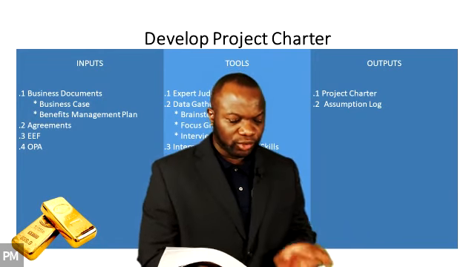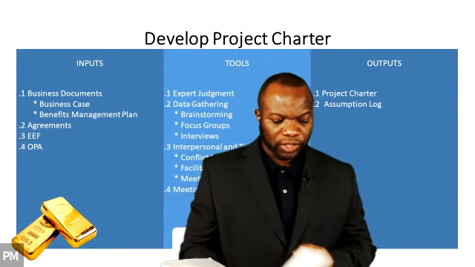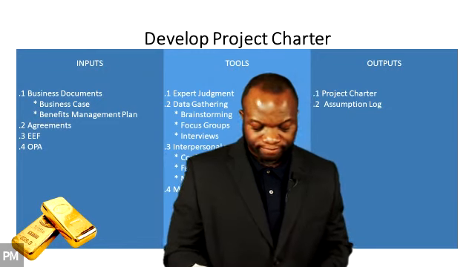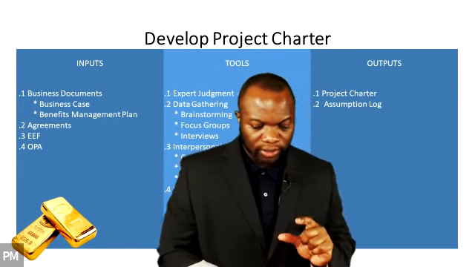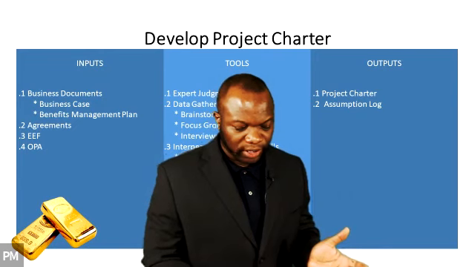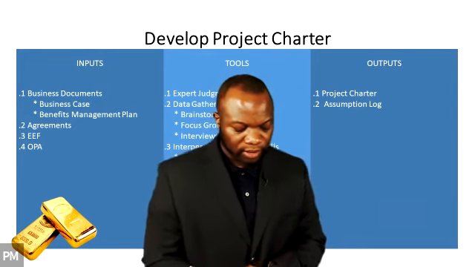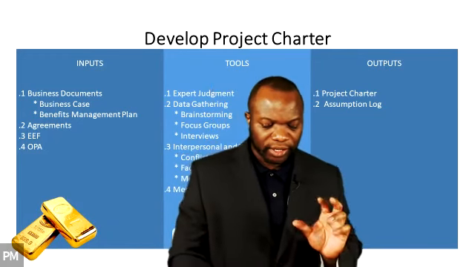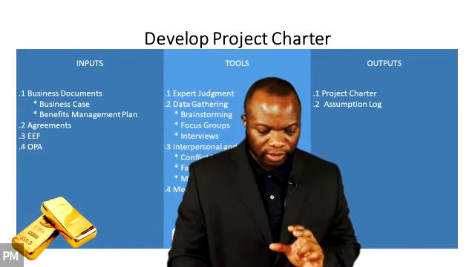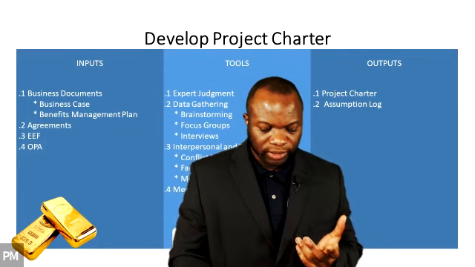because the only bits we haven't really gone deep into are page 81, where you've got everything about the project charter, and the assumption log. Let's read a few things very quick. What is in the project charter?